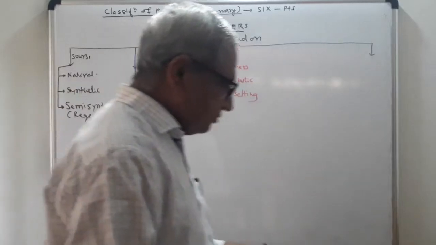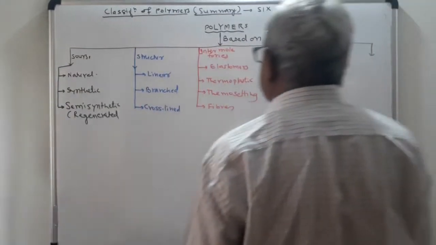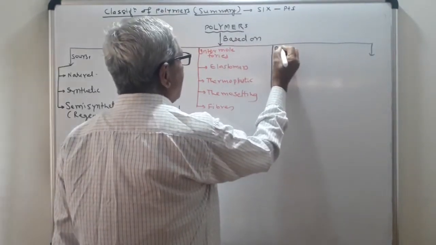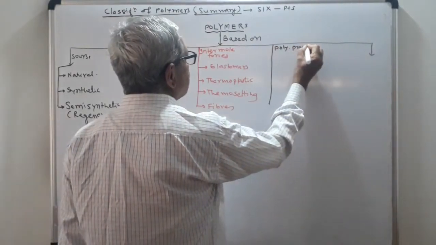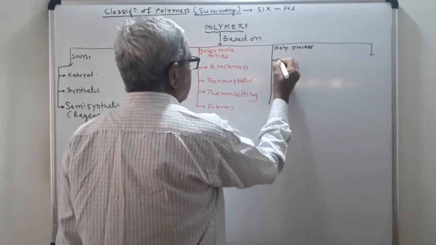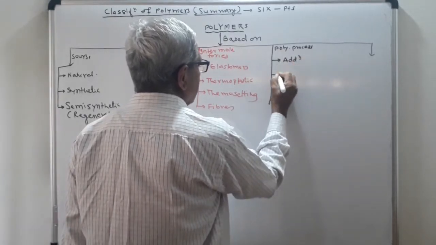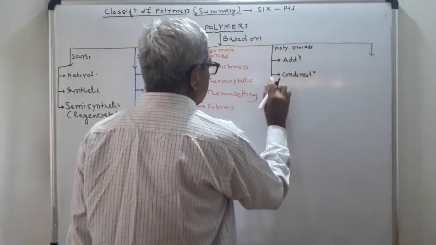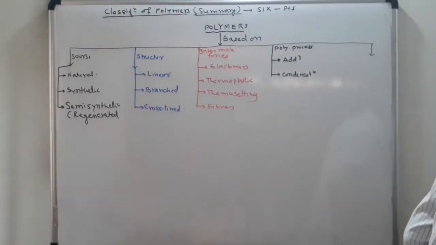Then the next one is based on polymerization process. Based on polymerization process, these are addition polymers and condensation polymers. Only two types are there, addition and condensation polymers. Then number of monomers.